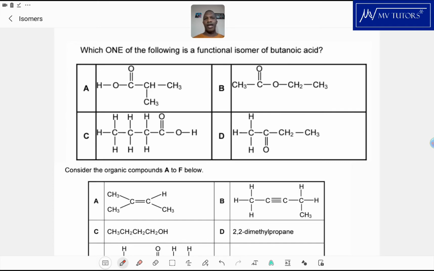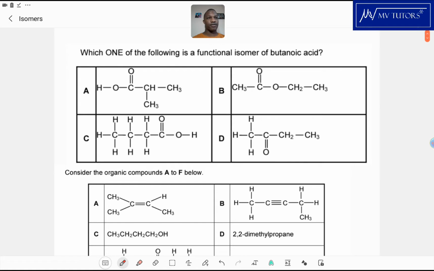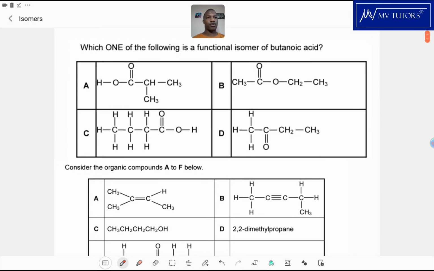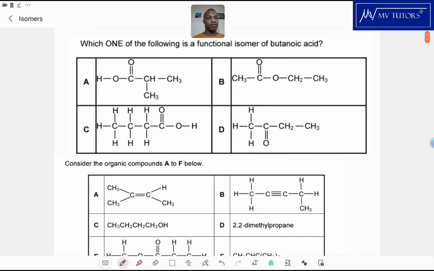Okay, other than that, we're still on chemistry, and today we are talking about isomers. Now, I like to start my sessions with a vision in mind. And this is the vision right here. The vision is to answer these questions successfully. We've got question 1 here, which is asking for a functional isomer.